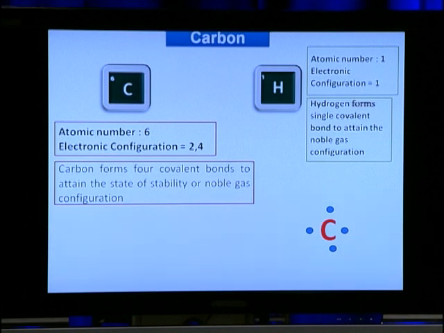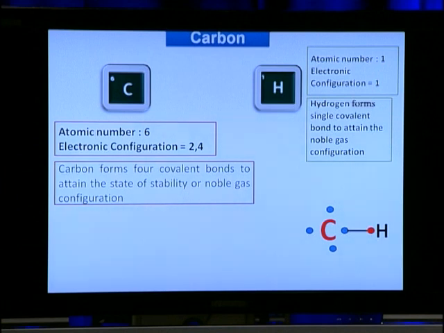And remember also, hydrogen will always form just a single bond because it needs just 1 more electron to attain the duplet configuration. So this is how carbon gets bonded to hydrogen, attaining the state of stability.